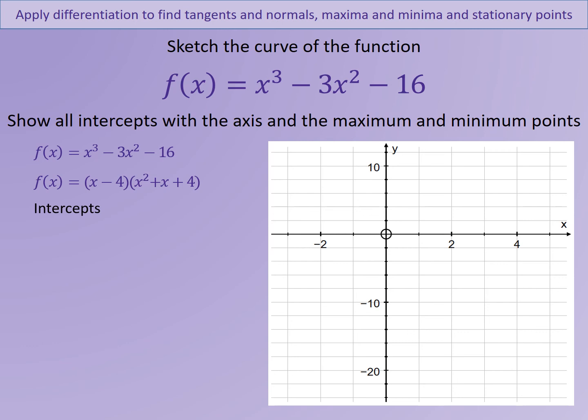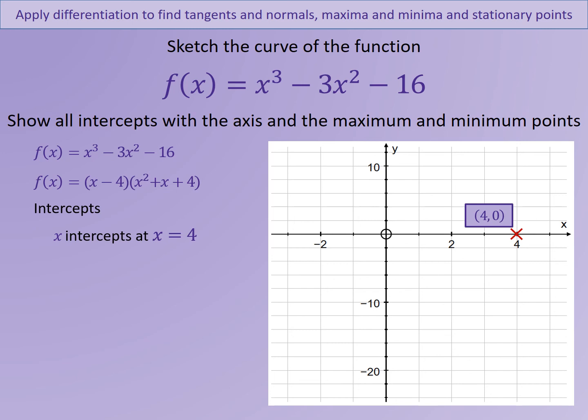Because the discriminant of the quadratic factor is less than 0, that means that it can't be factorized or indeed solved. And therefore we can do no more with this function. So actually there is only one x-intercept, there is only one root, and that is the value of x equals 4, which I've now placed on the curve.